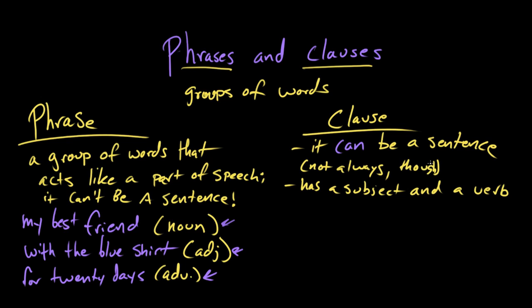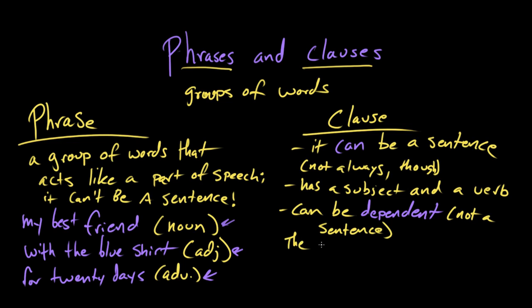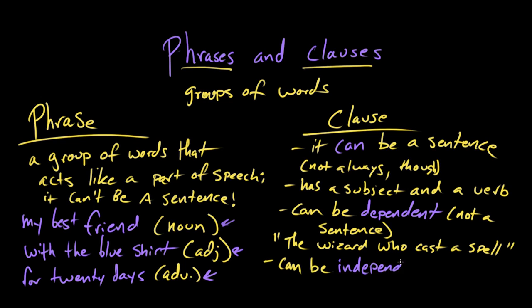A clause could be a dependent clause, which can't stand on its own. For example, the wizard who cast a spell. That can't be its own sentence, but it's got a lot going on. It can also be independent. If we said the wizard cast a spell, that's also a clause, and it's also its own sentence.